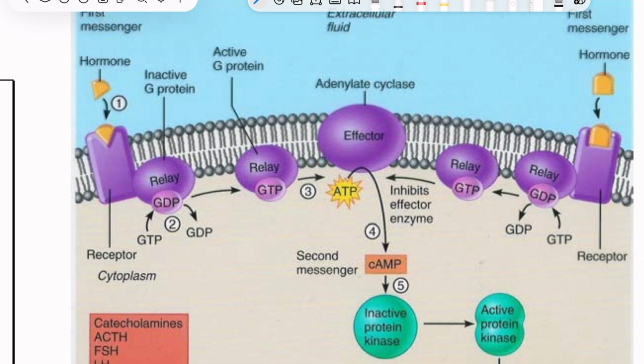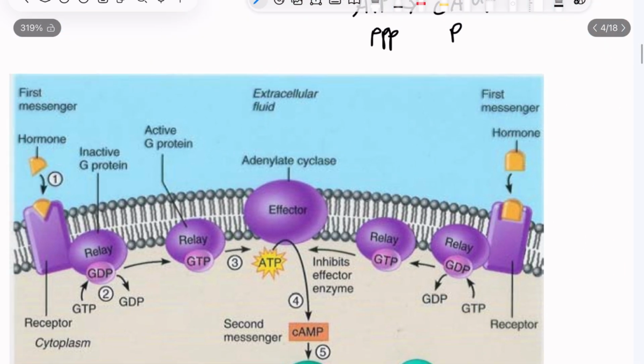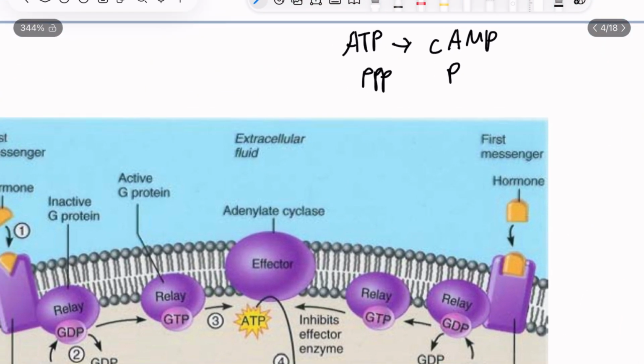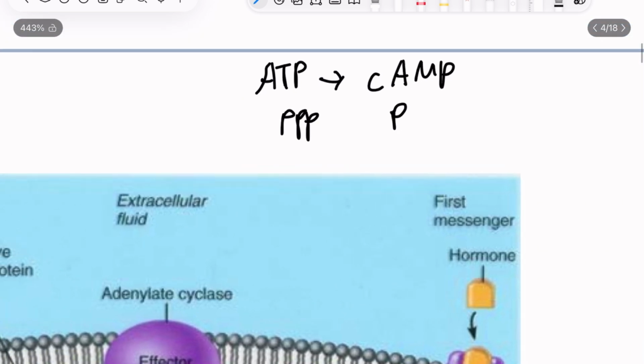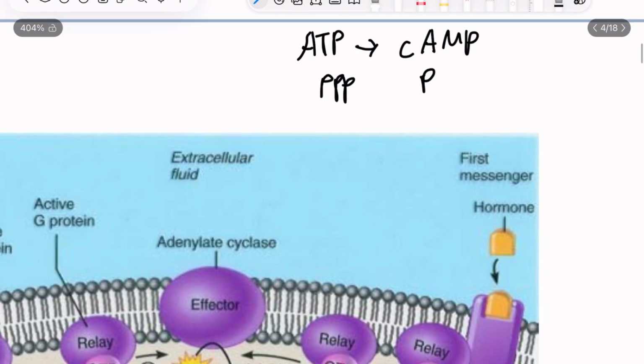The effector enzyme converts ATP, adenosine triphosphate, into cyclic AMP, cyclic adenosine monophosphate, which is the secondary messenger. ATP is adenosine triphosphate, tri meaning three, so there are three phosphates, whereas cyclic AMP is cyclic adenosine monophosphate, mono meaning one, implying that the ATP loses two phosphates, making it a monophosphate.